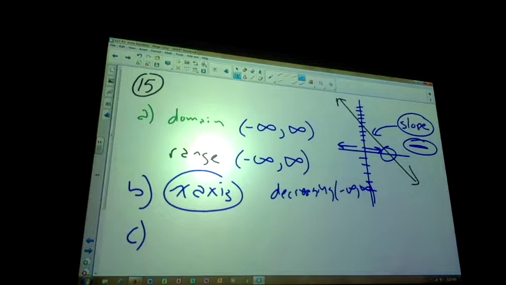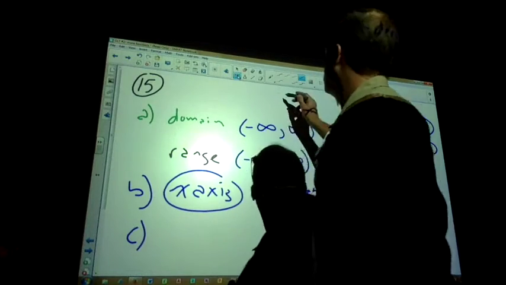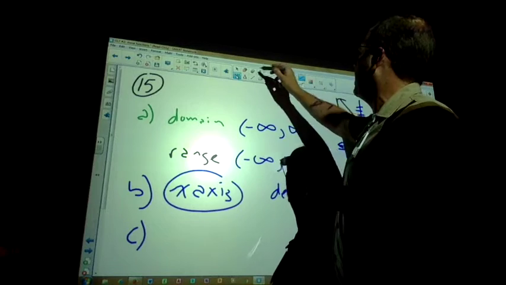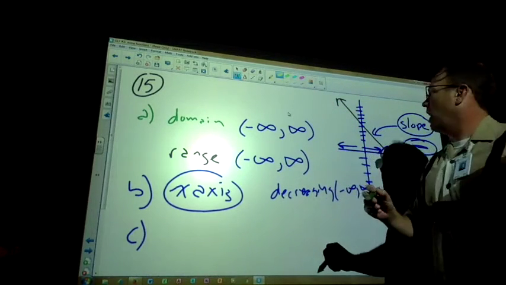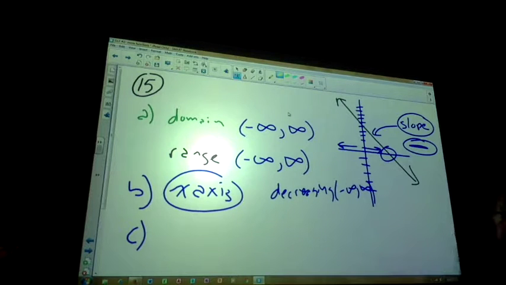So which way is the y direction? Up, down, right, or left? Up. Up and down. Is there a place on this graph right now that the graph is a positive y number?